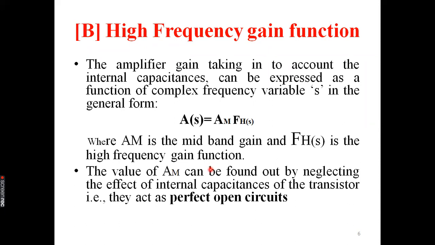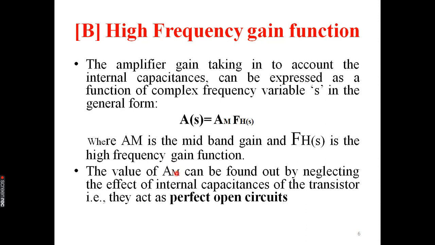So here it is mentioned that the value of AM can be found by neglecting the effect of internal capacitances. Why are they neglected? Because they appear to be open circuit for low frequencies, because AM is nothing but the midband gain for low frequencies. Low frequencies means capacitive reactance is high. Capacitive reactance high means they will block the current. That means they are offering infinite reactance, that is open circuit.